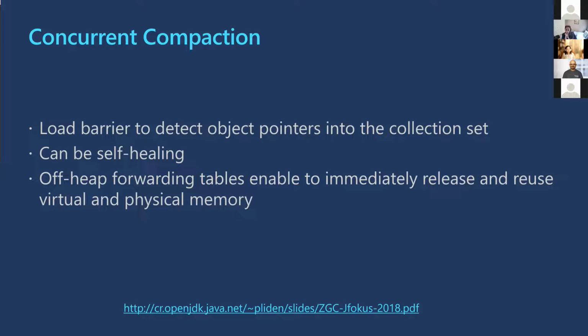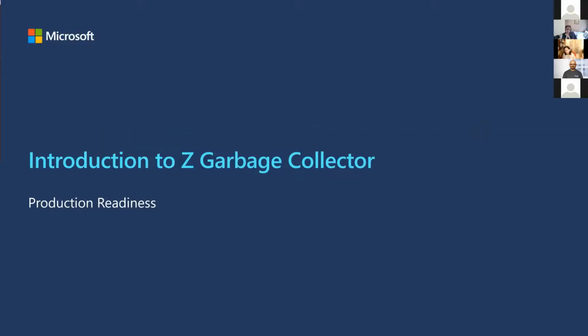Otherwise, unless you know that the two spaces are available and physically assigned, you couldn't get rid of the from space area. So that's an advantage you get with ZGC. You get the same advantage with C4 as well.